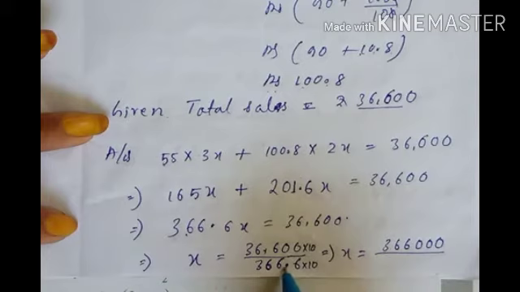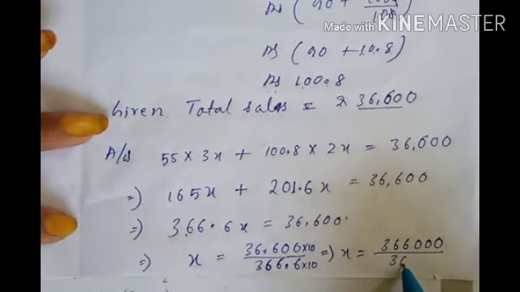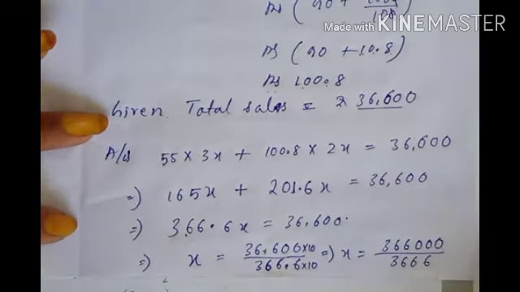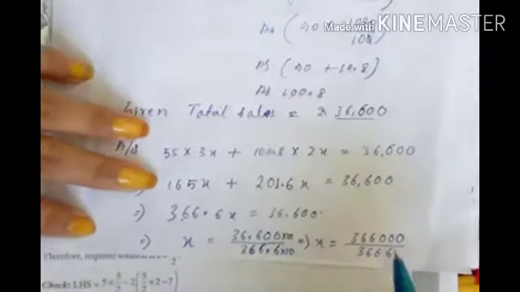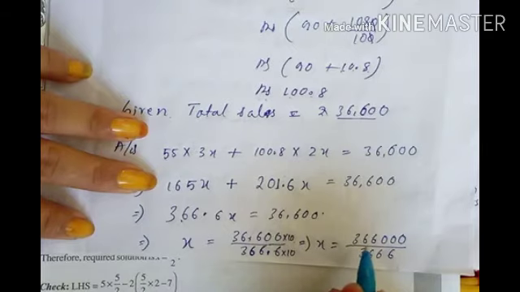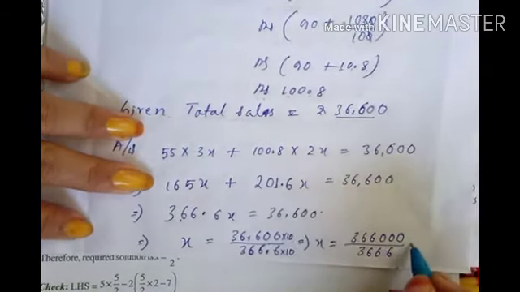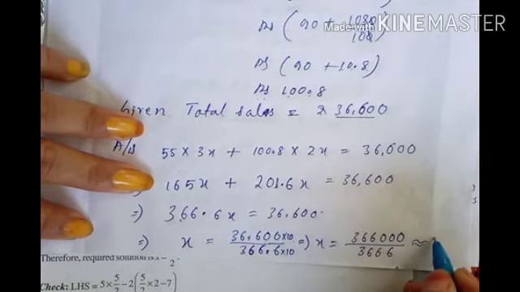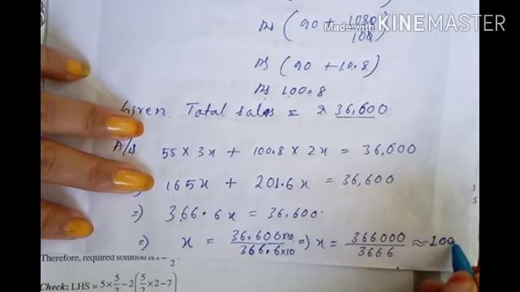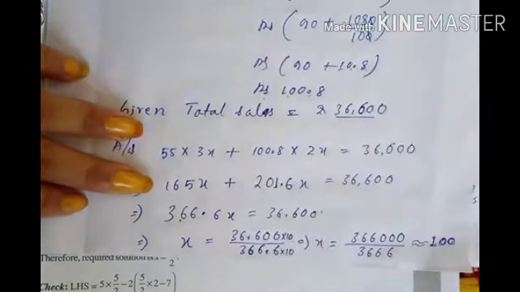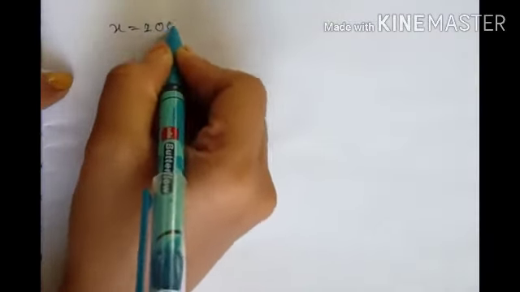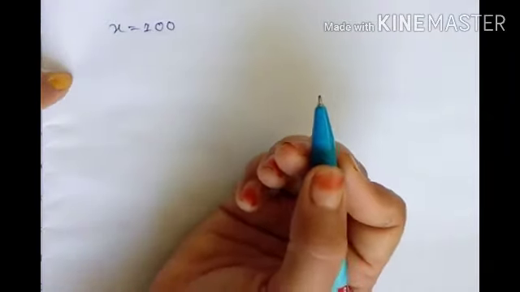Then this decimal will be removed, so it will become 3666. Now if you divide, what will be your answer? When you divide this, you will get approximately 100, near to 100. So x value we got is approximately 100.